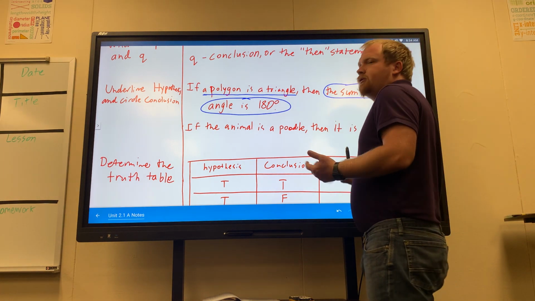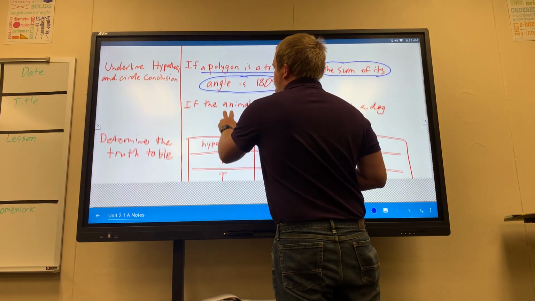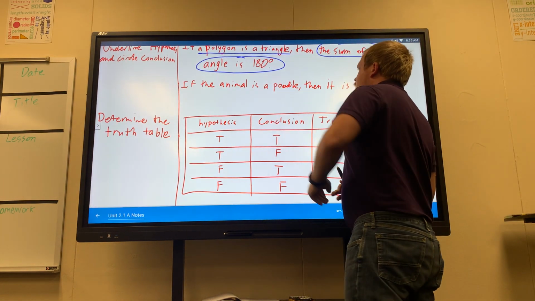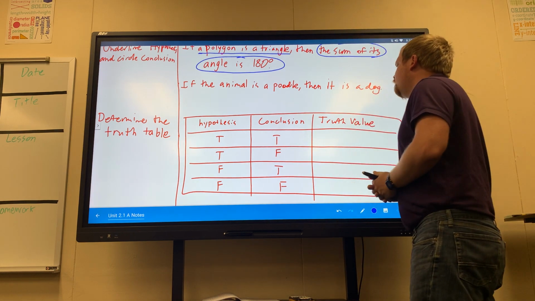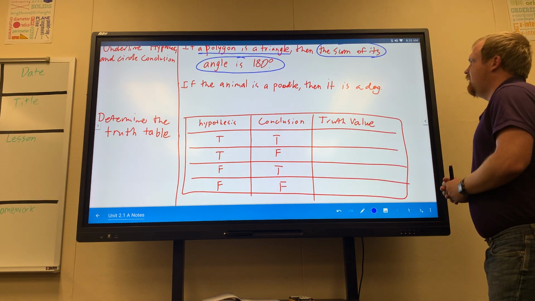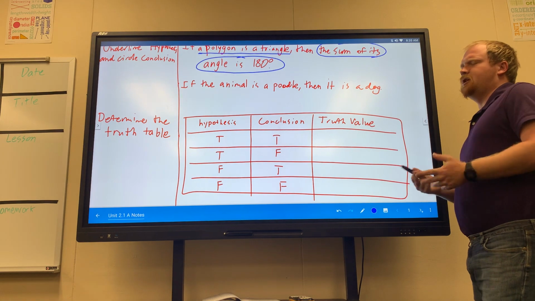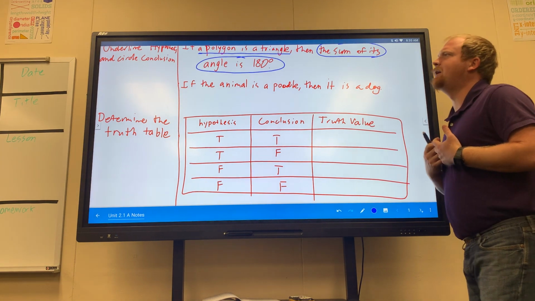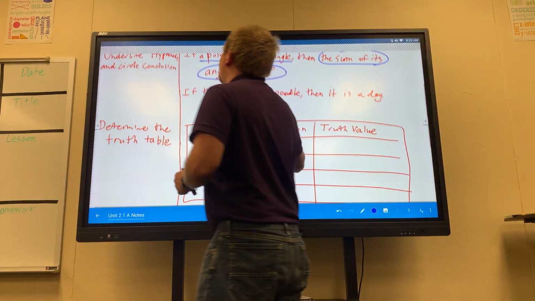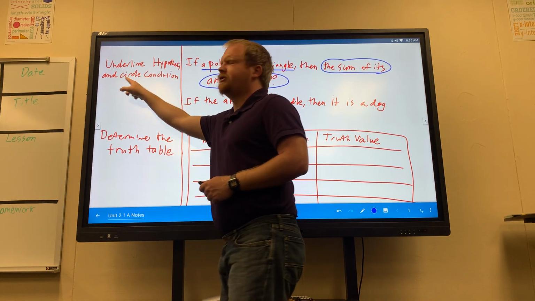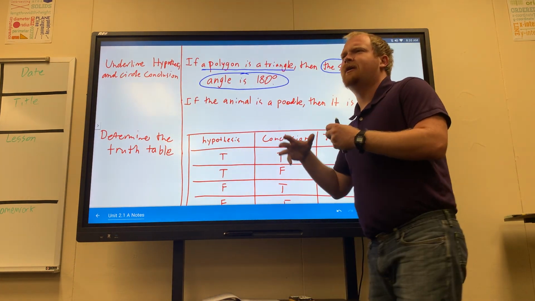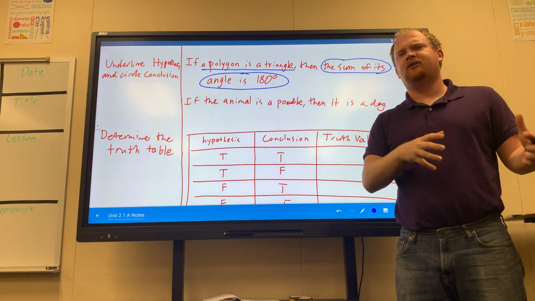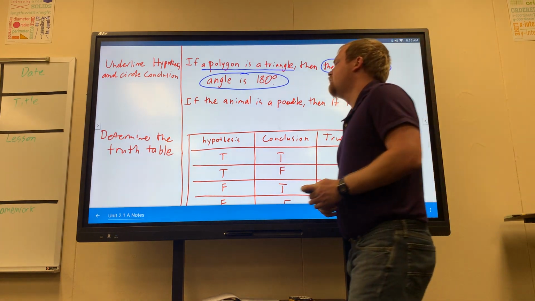Now, let's try this again. If the animal is a poodle, then it is a dog. Again, I'm just worried about underlining the hypothesis and circling the conclusion, so that I know what is the hypothesis and what is the conclusion.